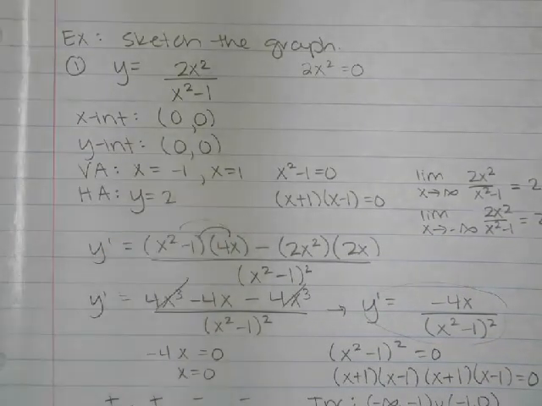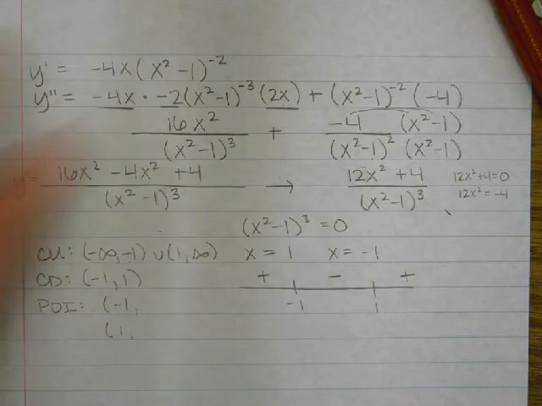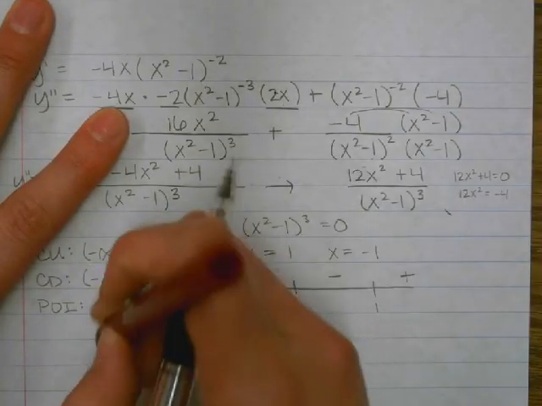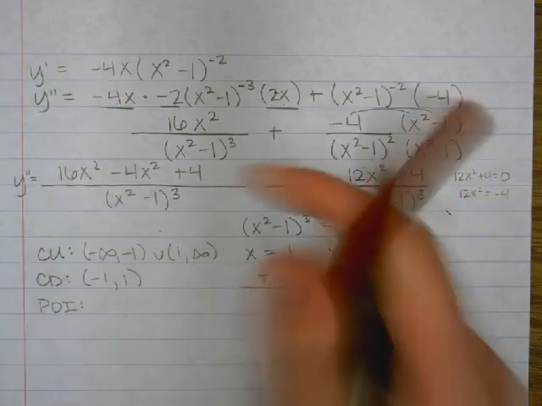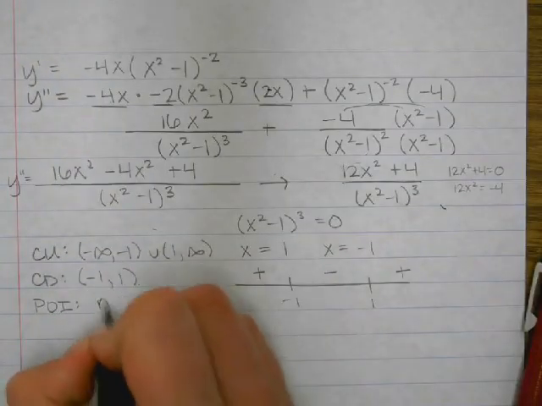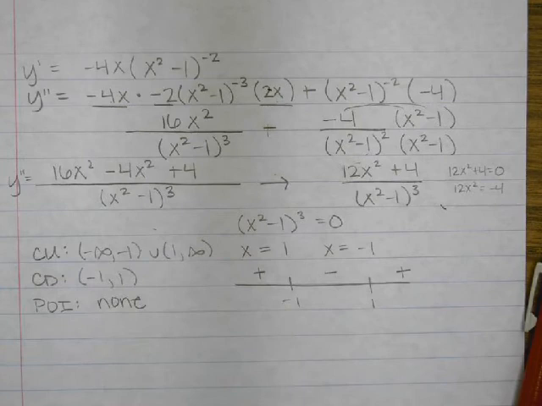Those are the values that make the denominator show that the whole function is undefined at those values. So I went back and I said, all right, for points of inflection, there are none, because the parts of our graph that change it from concave up to concave down are not points, they're actually asymptotes. All right, and then at this point, you are ready to sketch your graph. Thank goodness.